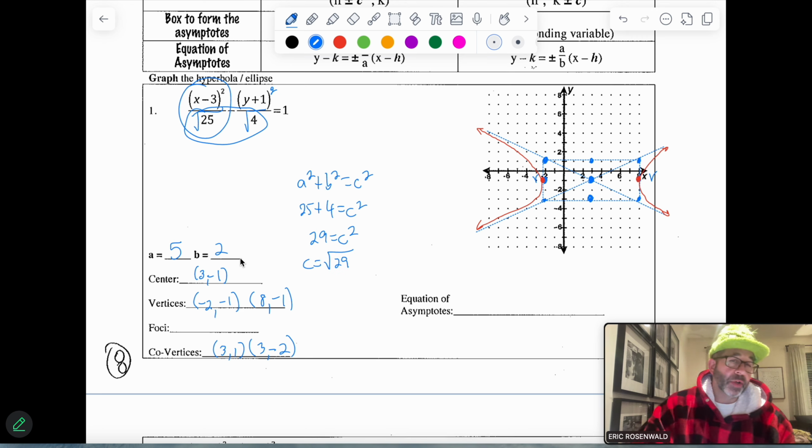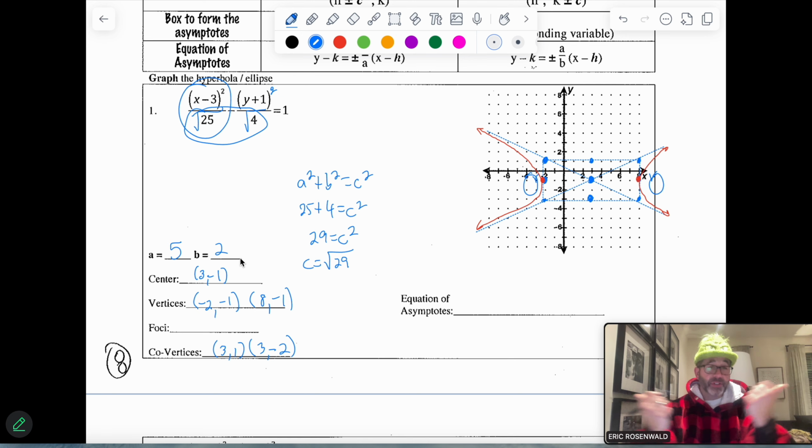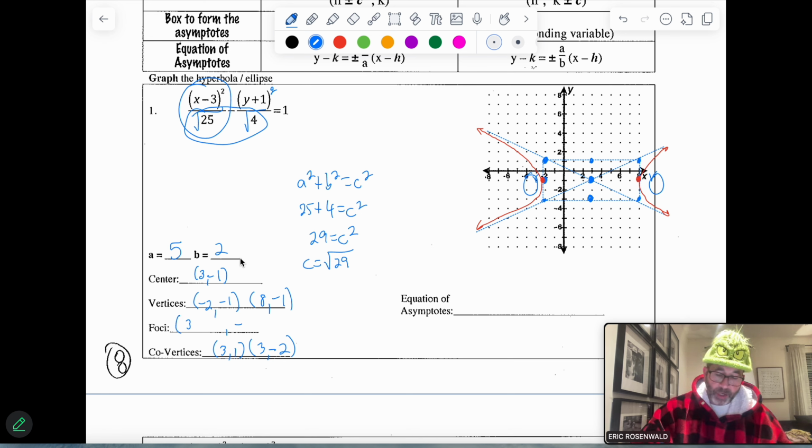So just like we did previously with the ellipses, we're saying that the focus is going to be somewhere over here, which means we have to go in the x direction, okay? So that means taking your center here, which is at 3 and -1, we're going to move in the x direction, which means that we're going to go plus or minus root 29, and you still have that -1 there. Okay, so you're going to have 3 plus root 29 and 3 minus root 29, and then -1.